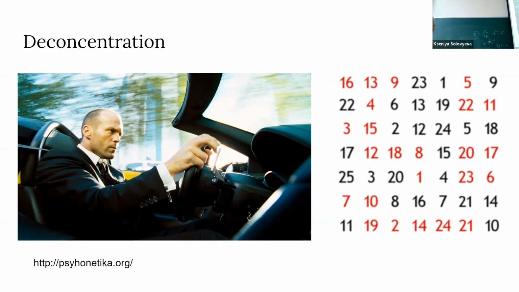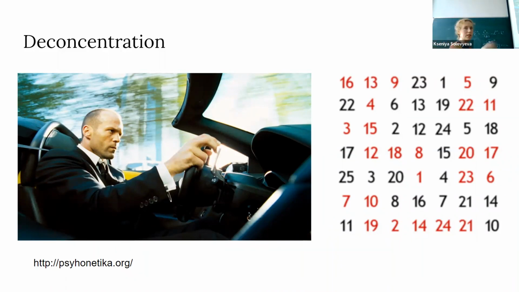And for example, in this mode, people have better results for calculating the Schulte table, you know, the task for this table. So you just should find, for example, a red one, then black one, then red 2, then black 2, and so on.